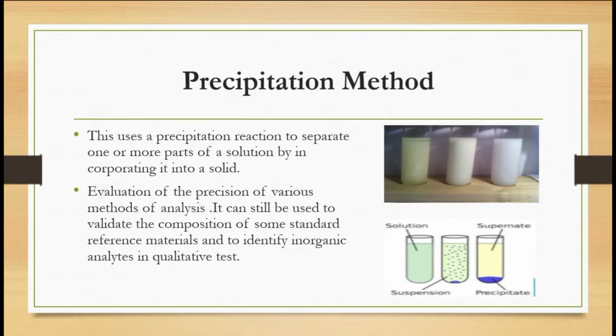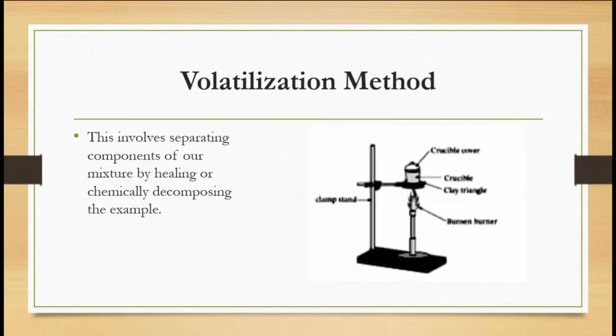The second classification of gravimetric analysis is the volatilization method. This involves separating components of a mixture by heating or chemically decomposing the sample. Volatilization is achieved by relatively simple physical methods by which analytes are transferred from the aqueous liquid environment of samples into a vapor phase.